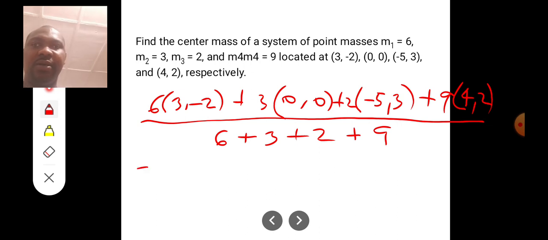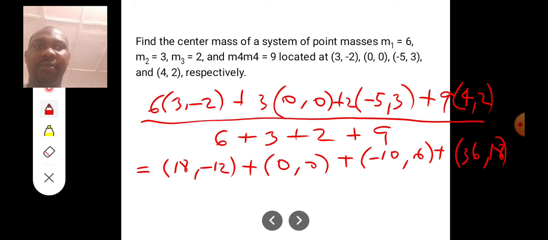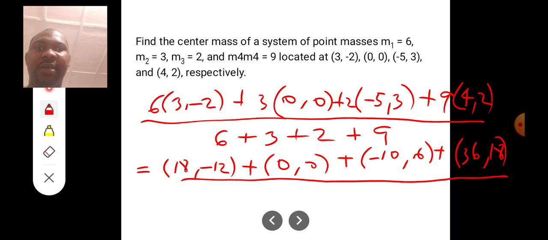Okay, so if we add up, this will be 18 and minus 12, plus this will be 0, 0, because 3 times 0 is 0. Then 2 times minus 5 is minus 10 and 2 times 3 is 6, then 9 times 4 is 36 and 9 times 2 is 18. Everything is divided by 6 plus 3 is 9, plus 2 is 11, plus 9 is 20.